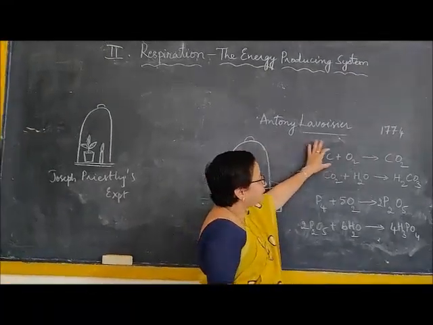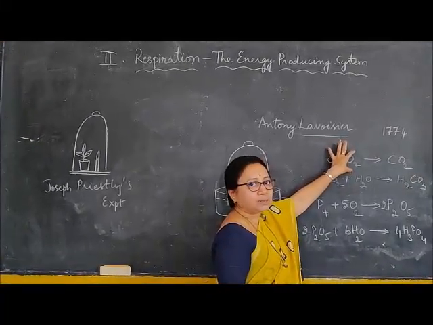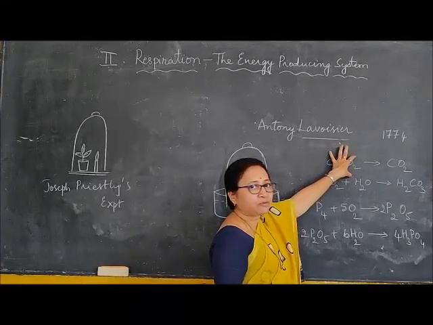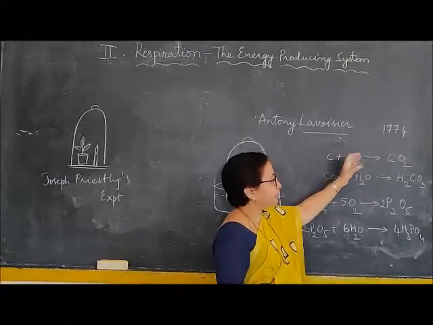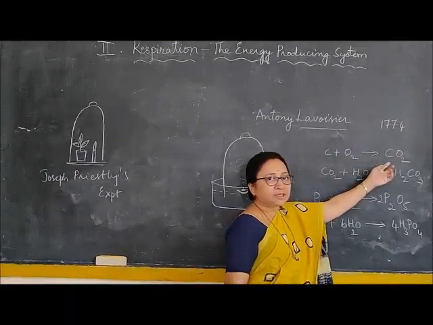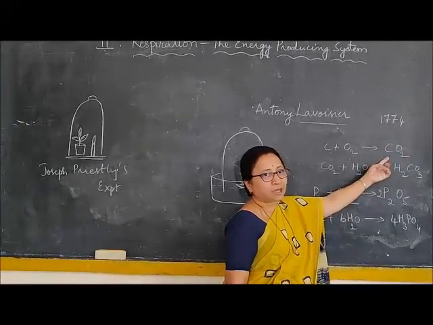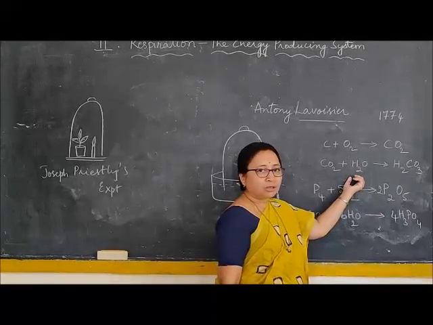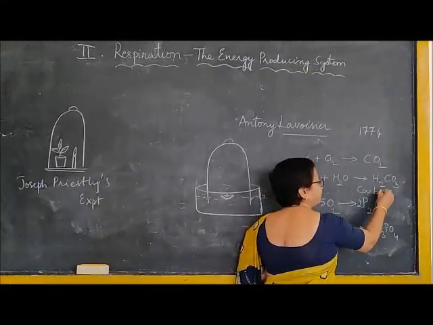When carbon burns in the presence of air, it combines with some component of the air, which is suitable for respiration, which he considered respirable air, and it produces fixed air or chalky acid gas, which is nothing but carbon dioxide. This carbon dioxide dissolves in water, forming an acid, carbonic acid.